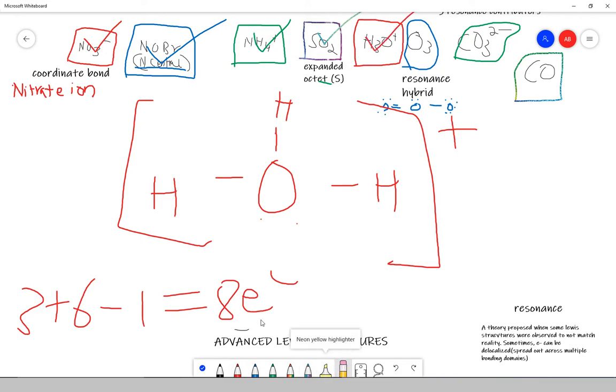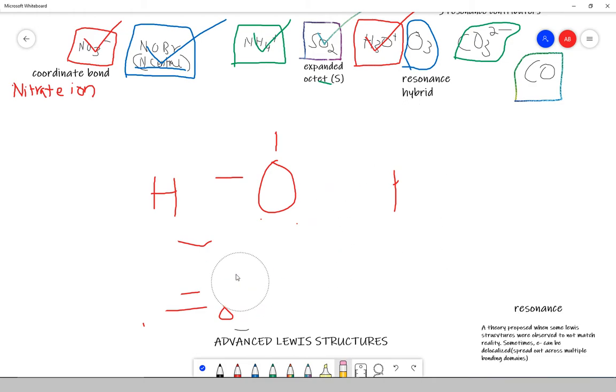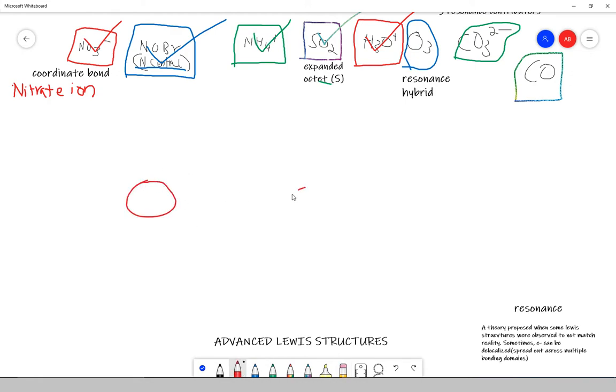Now let's move on to ozone, which has some resonance hybrid in it. So let's get that done. We have 3 oxygens, and we have a single bond and a double bond.